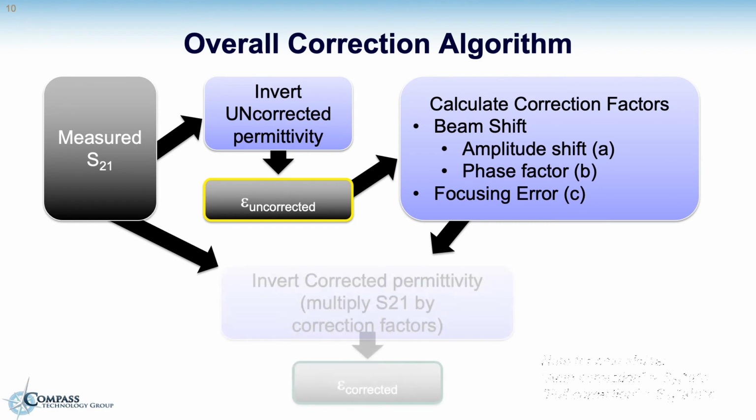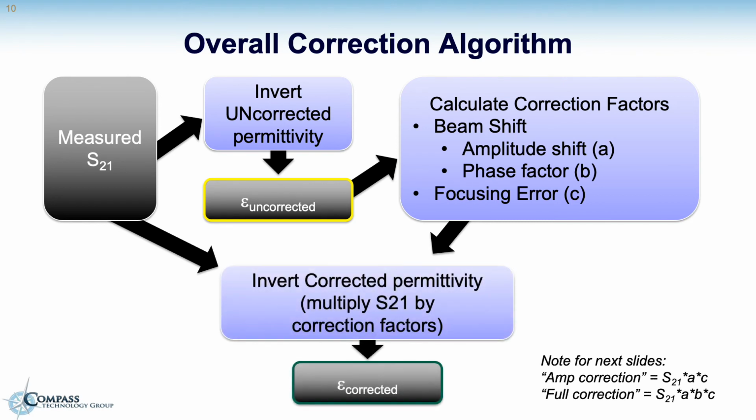And like I said, the beam shift is going to have both an amplitude, which I showed, as well as a phase effect. And then, of course, we also have the focusing error. We add those corrections back in to our S21, and then we reinvert the permittivity, again, using the standard Newton's method techniques, and that gives us our corrected permittivity.